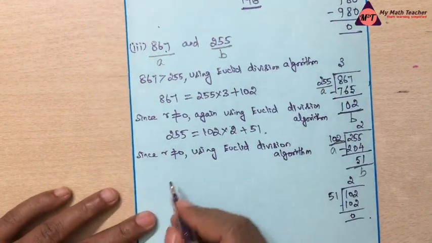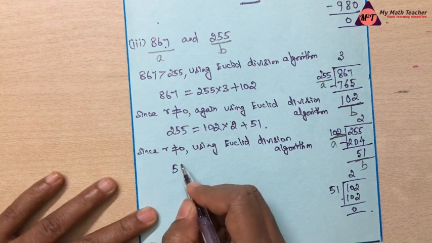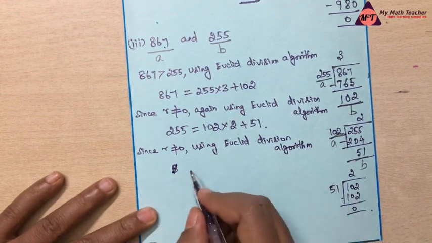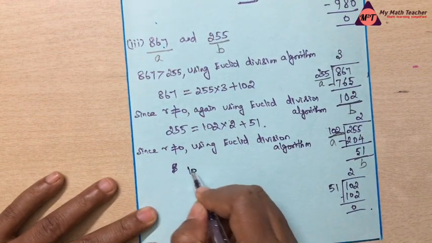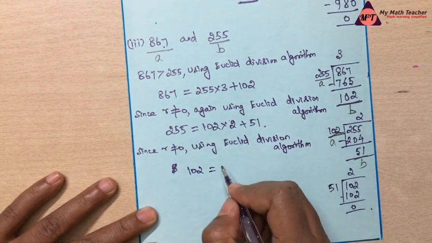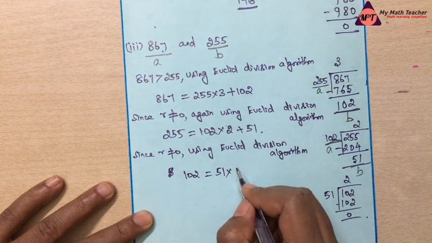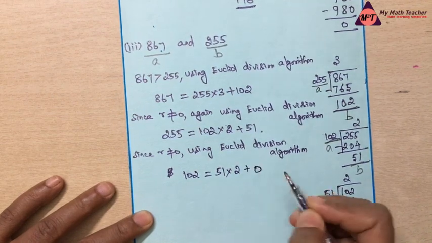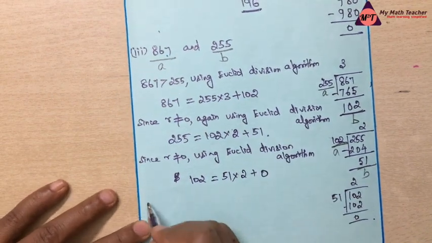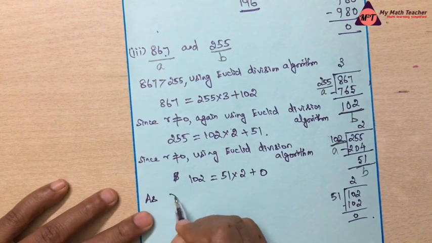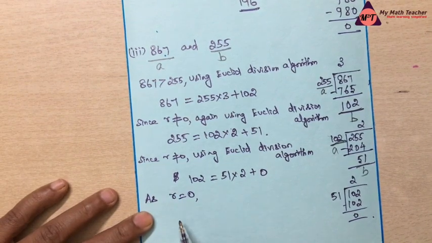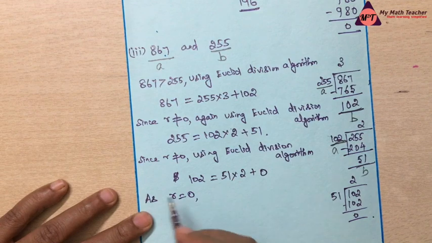Now 102, that is the dividend, is equal to divisor, that is 51, multiplied by the quotient 2 plus the remainder 0. Now as R is equal to 0, okay, so the process ends here.